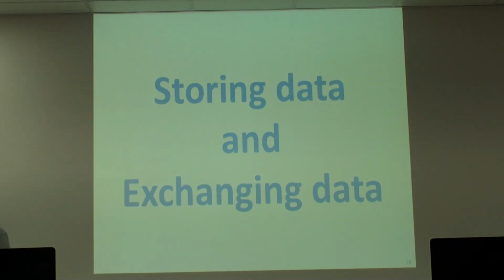All right. Now we have introduced the architectures for mobile app backend design. Next, I'd like to introduce how to store your data and how to exchange data. How to store your coffee shop customers' information, and how to exchange data between the coffee shop owner and the coffee shop customer.